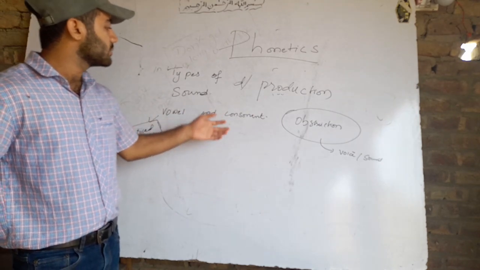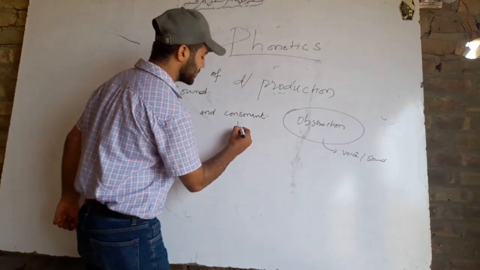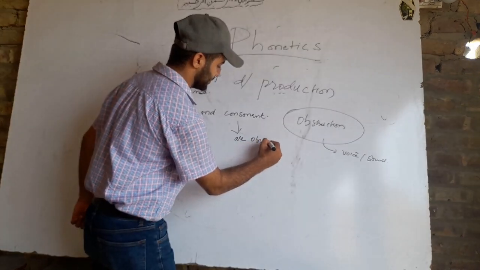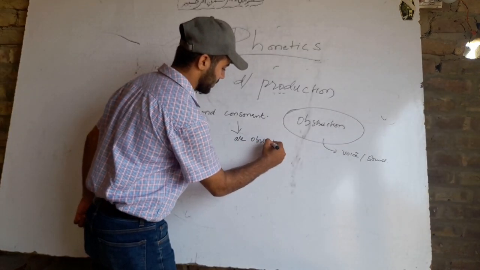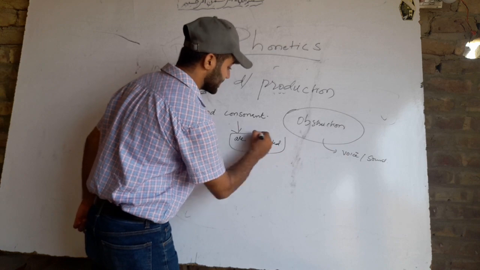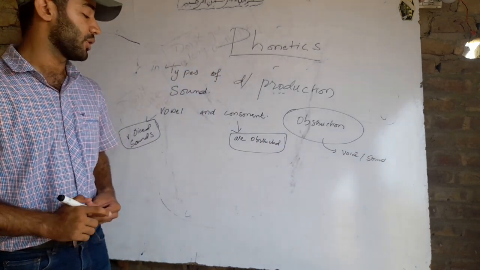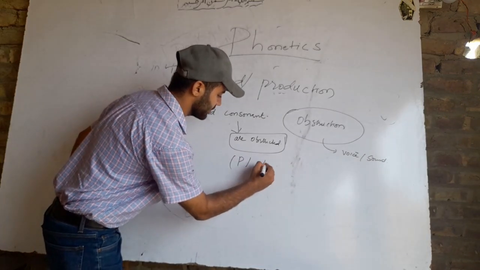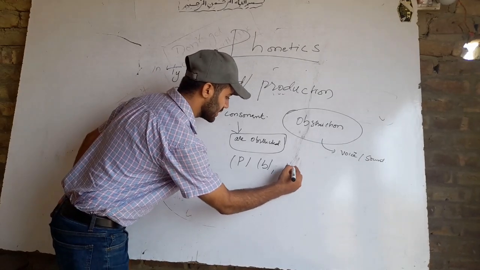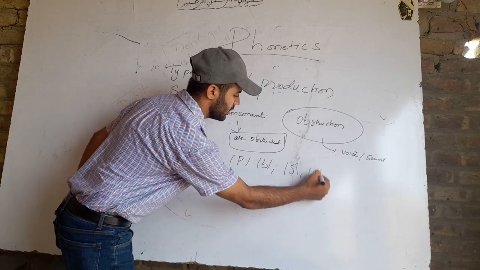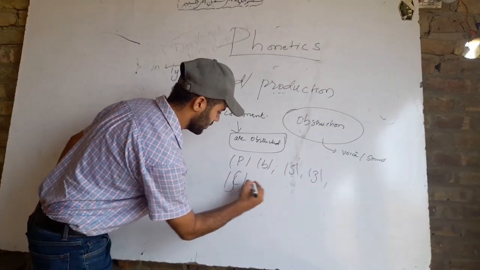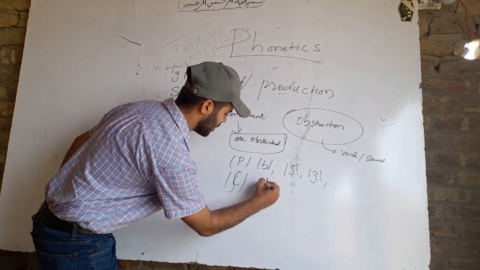But when we come toward the consonants, all the consonants are obstructed. They face resistance in the airflow in their production, whether it is p, b, z, sh, or j sound.